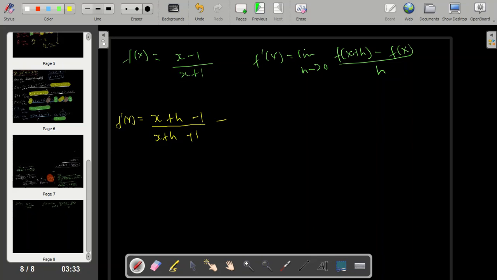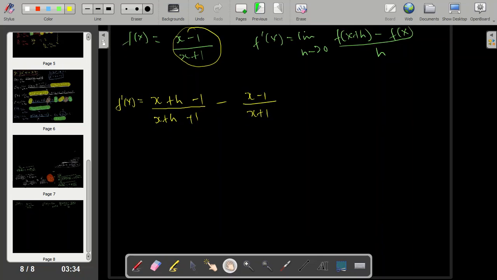Then this minus the function itself, which is this same thing. So I'm going to say minus x minus 1 over x plus 1.